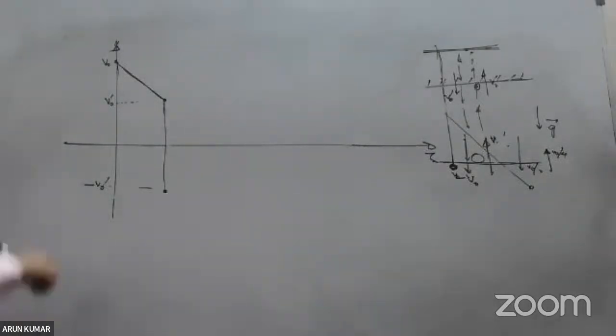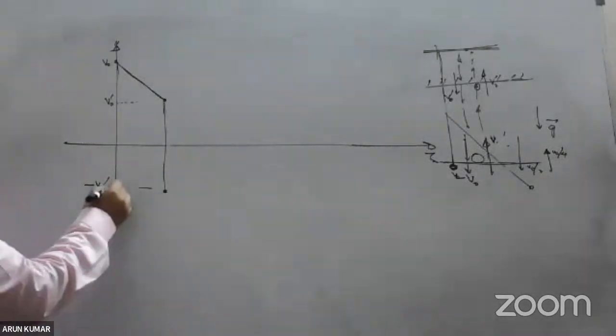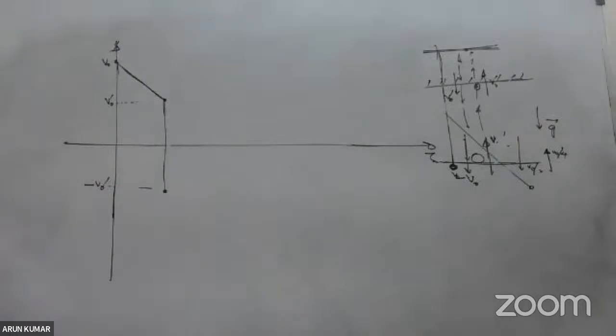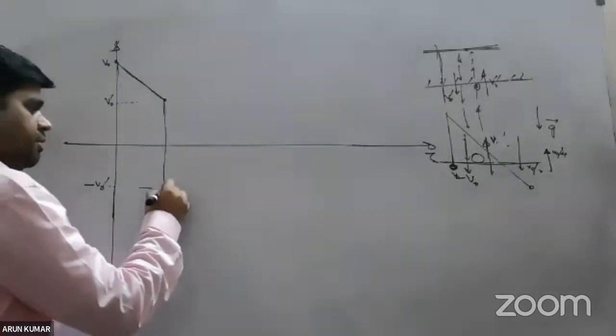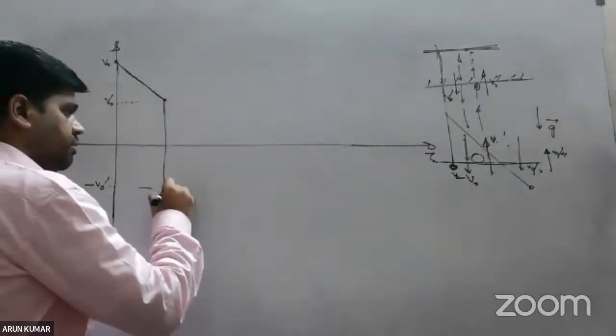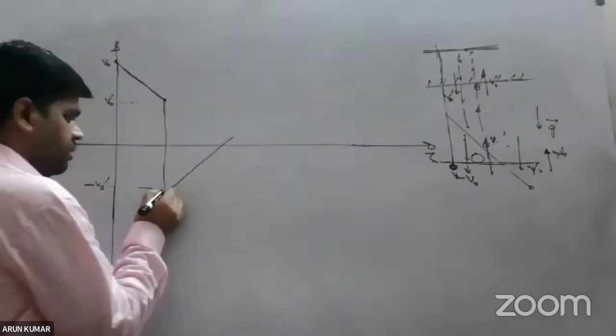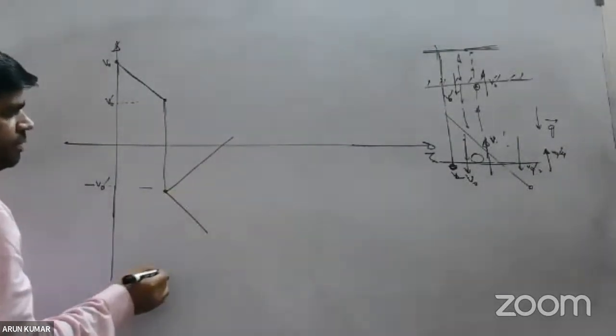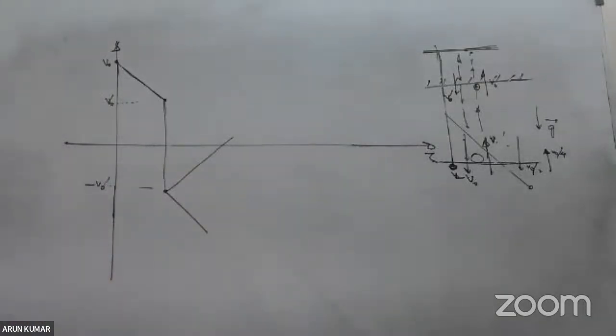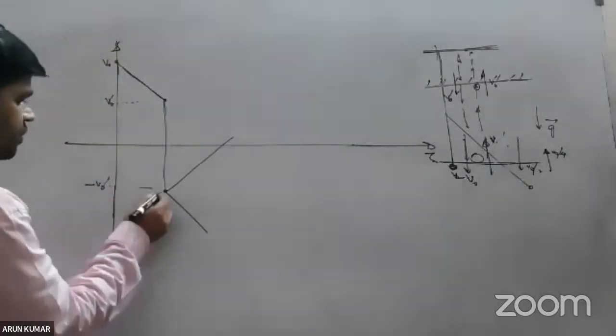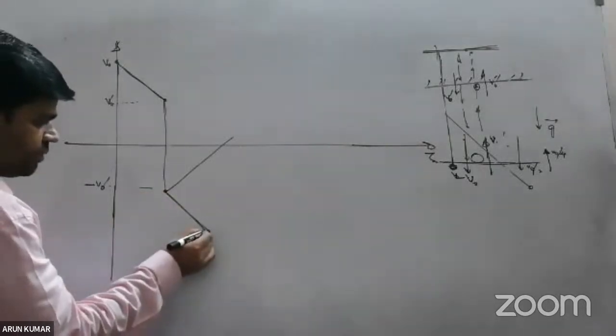Do you agree? After this, how will the graph look? I'll draw two options. Will it be like this, or like this? Upward or downward? Downward, sir. Why downward? Both of you have pulled downward.